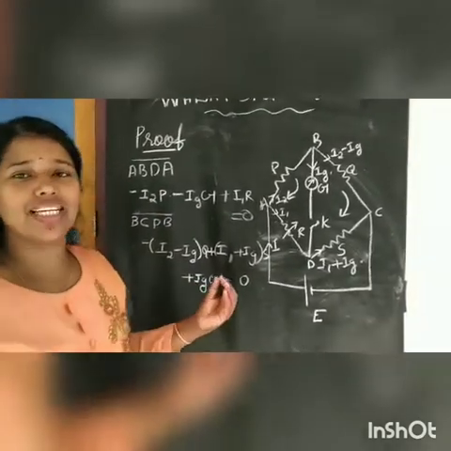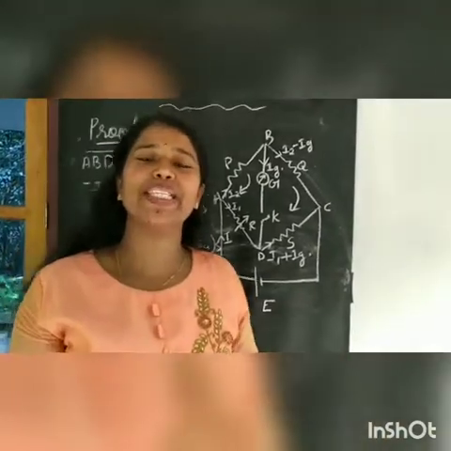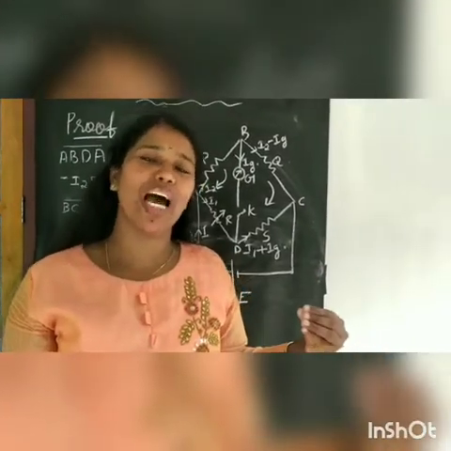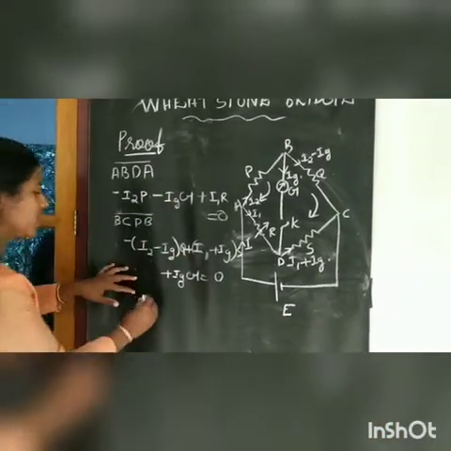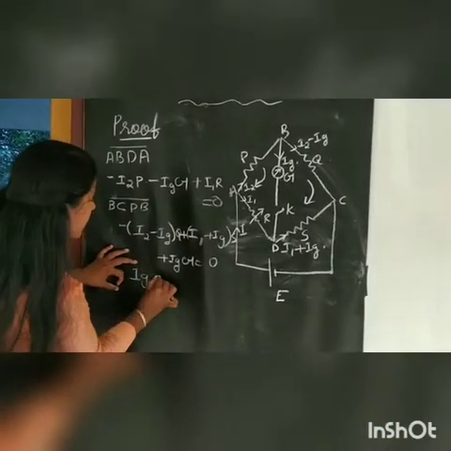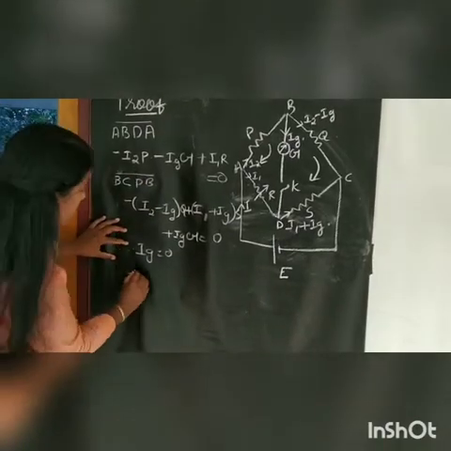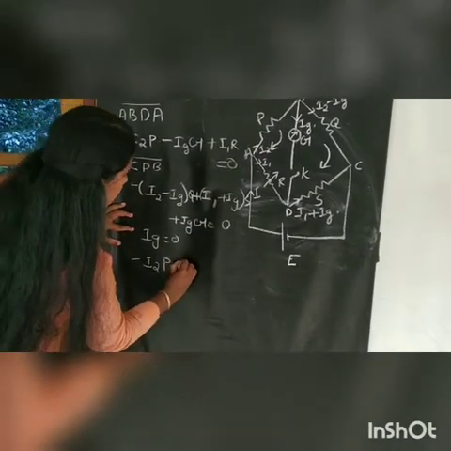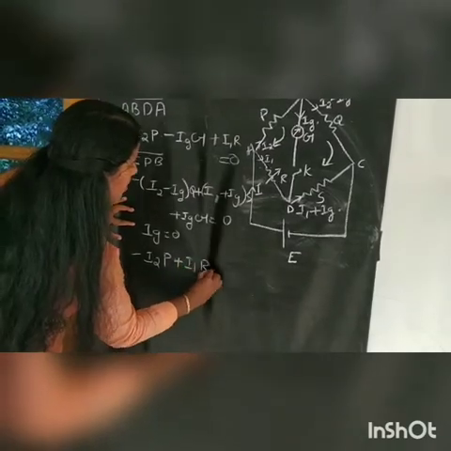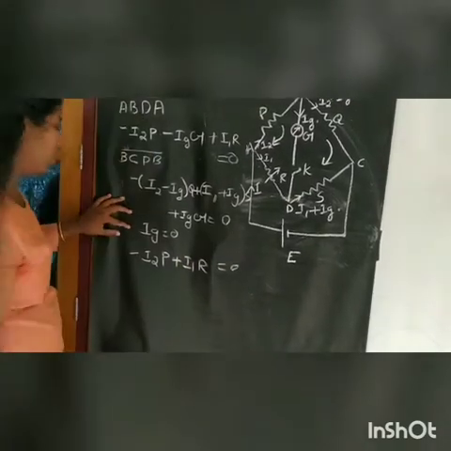Then we know the galvanometer shows that the bridge is balanced, so the galvanometer current IG is equal to 0. We apply IG equal to 0. Then the first equation becomes minus I2 P plus I1 R is equal to 0.